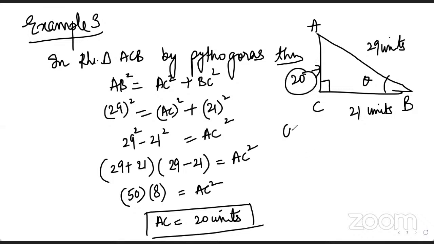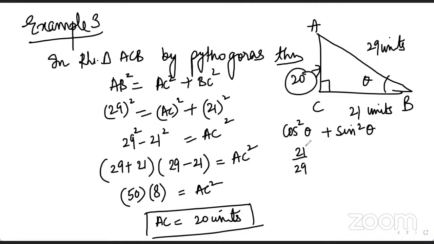Now I have to find cos square theta plus sine square theta. So what is cos? Cos is base upon hypotenuse. So BC will be the base. So my cos will be 21 upon 29.